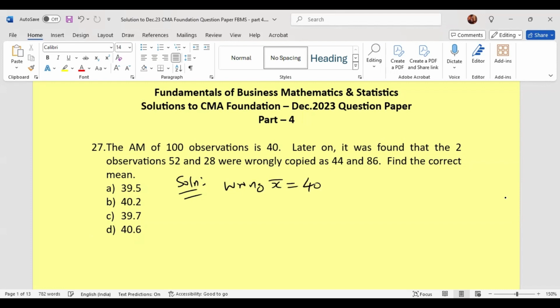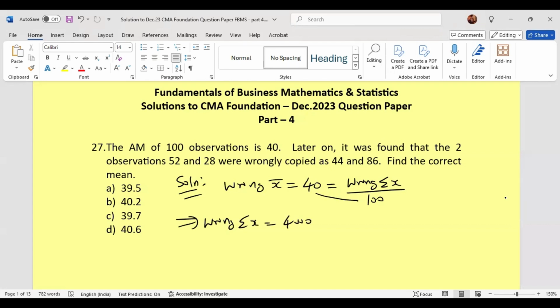is 40. That is equal to wrong summation of x divided by number of observations, that is given as 100. Cross multiplying, we get wrong summation of x will be 4000.